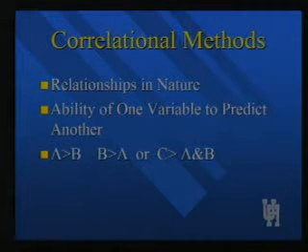And the issue that I'll talk about a little bit more in a minute is that one thing about correlational methods is that if A and B are related, we don't know necessarily that A causes B. It could be that B causes A, and it could be that C causes both A and B to be related.